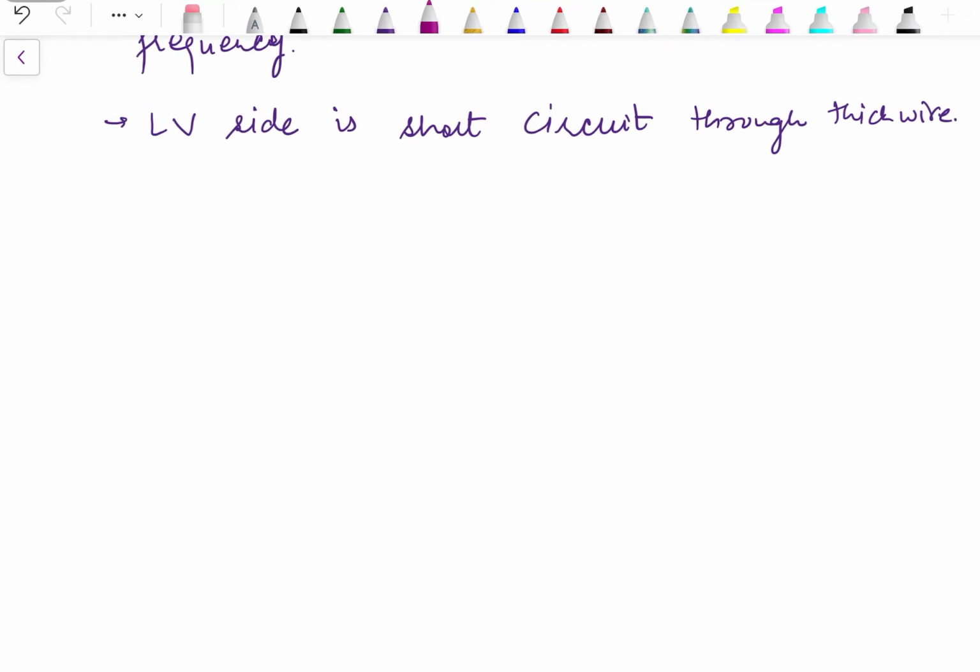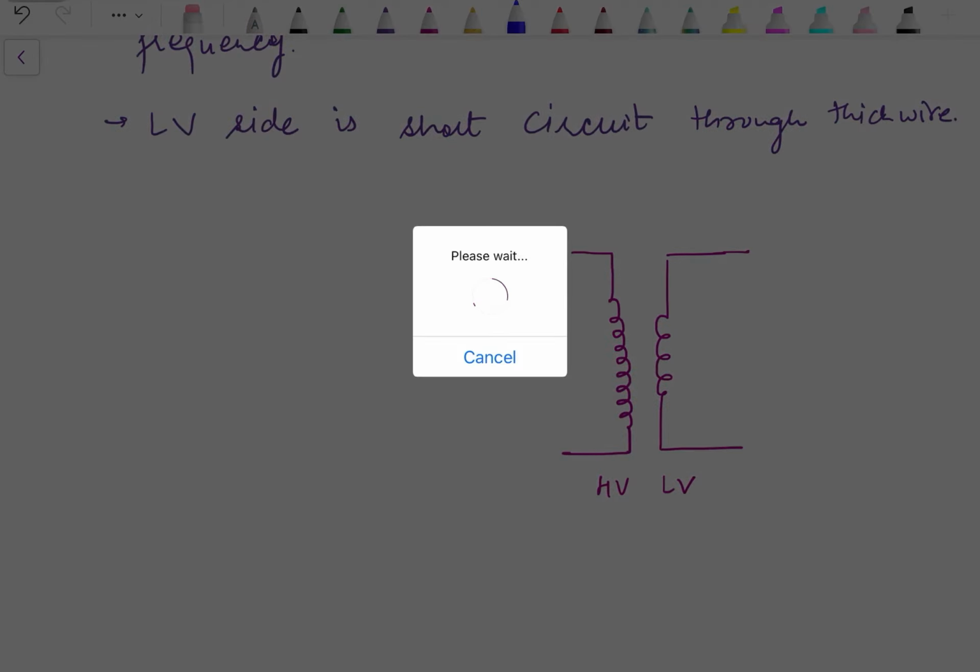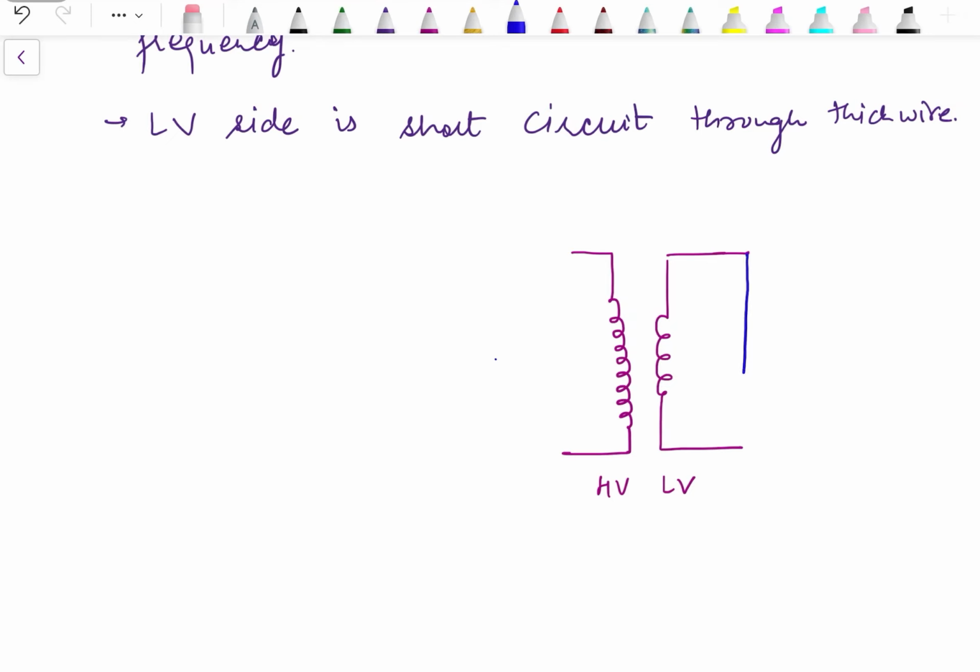Now how the circuit looks: HV side, LV side. We can show them differently by showing high and low numbers of turns. So it should be short circuited through a thick wire. This is how the short circuit looks.